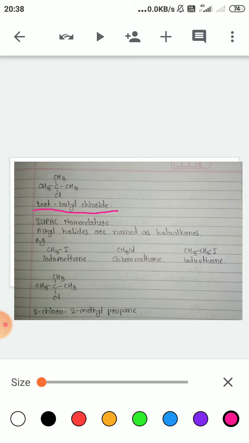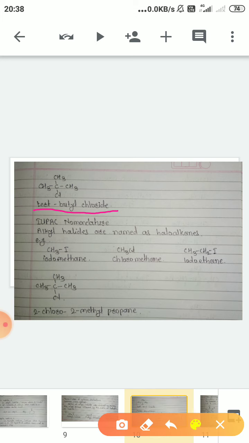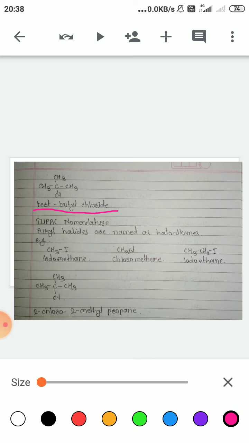Now see the next, IUPAC nomenclature. IUPAC means International Union of Pure and Applied Chemistry. This union has made some rules to write the names of organic compounds.